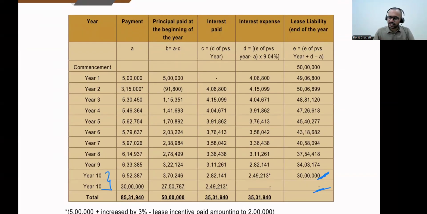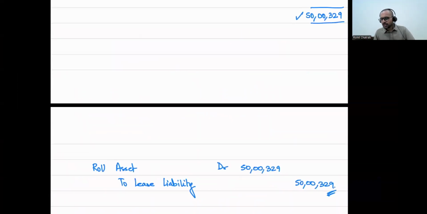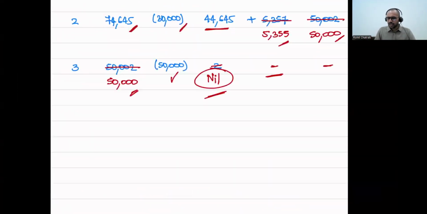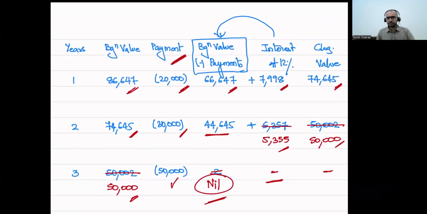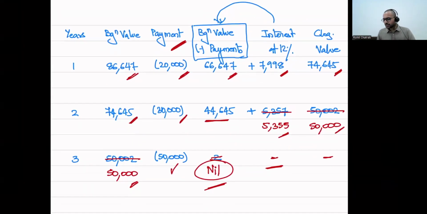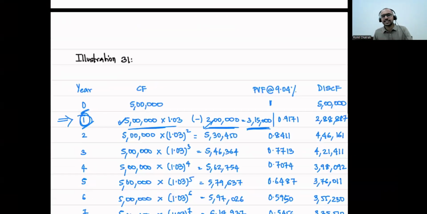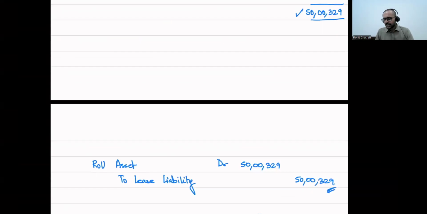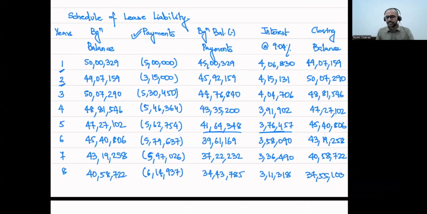Now, one more difference that I would like to show you is in the question that we did earlier, where I assumed that payments are being made in advance, the lease liability was going down to zero at the beginning of year three itself, and there was no interest recognized in year three, whereas in this illustration, we have interest being recognized in year 10.